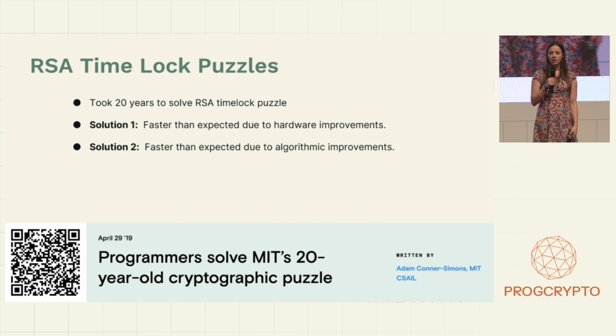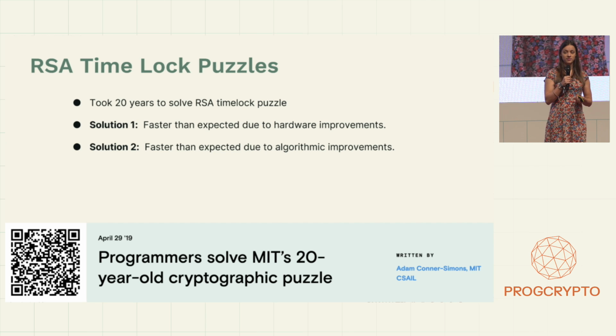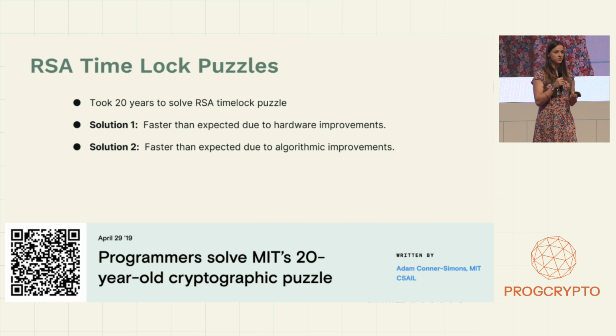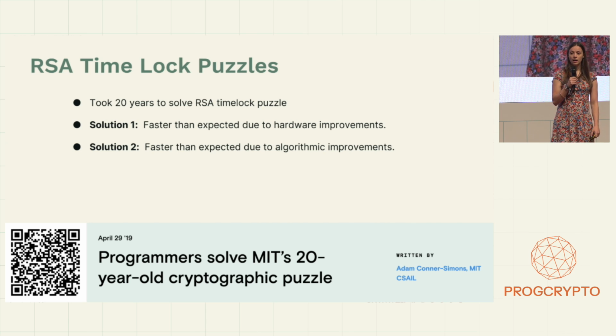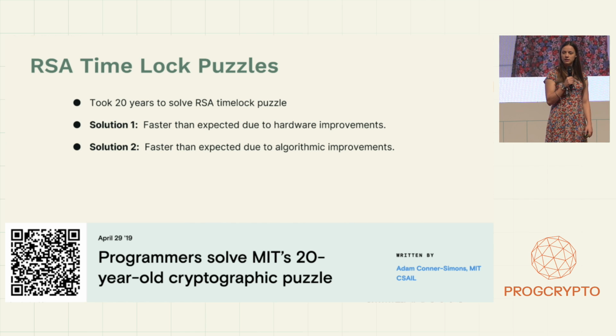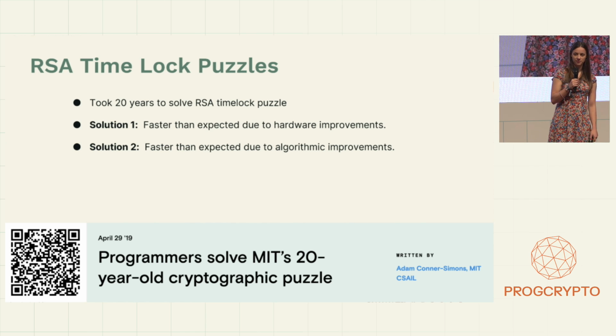So there were some RSA time lock puzzles that were set 20 years ago, and it took 20 years to solve them, which was faster than was originally expected. And actually, 2 solutions came out in fairly quick succession, but the techniques they were using were completely different. The first solution was faster than expected, basically due to hardware improvements.